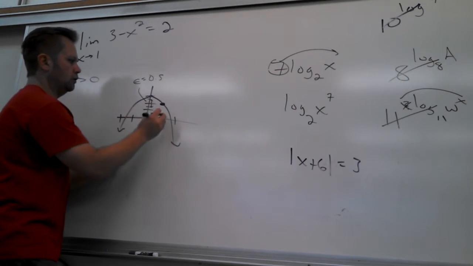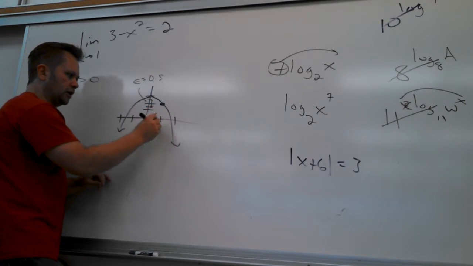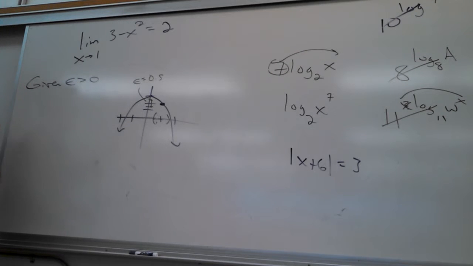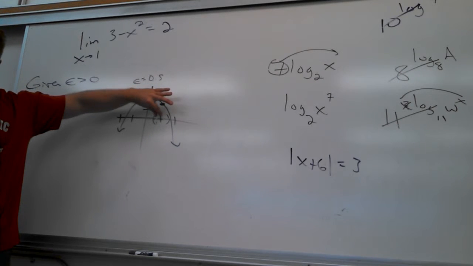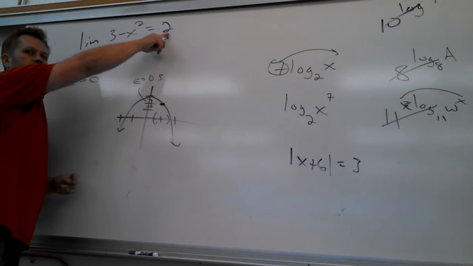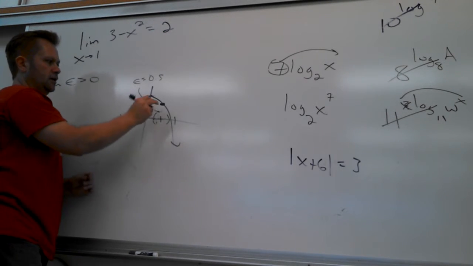They want to know, how close do I have to be here so that I actually do end up in there? And the whole idea is, as this person decreases epsilon, I can just decrease delta so that I can always do it, if that really is the true limit. If that's not the limit, if I thought the limit was something else, then already I'm screwed.